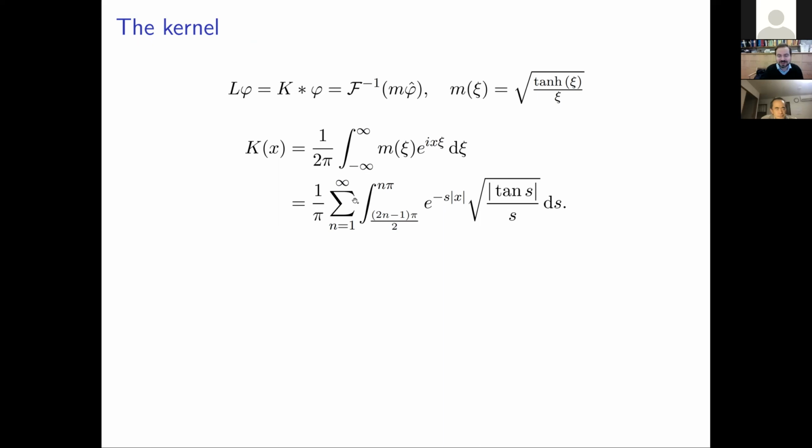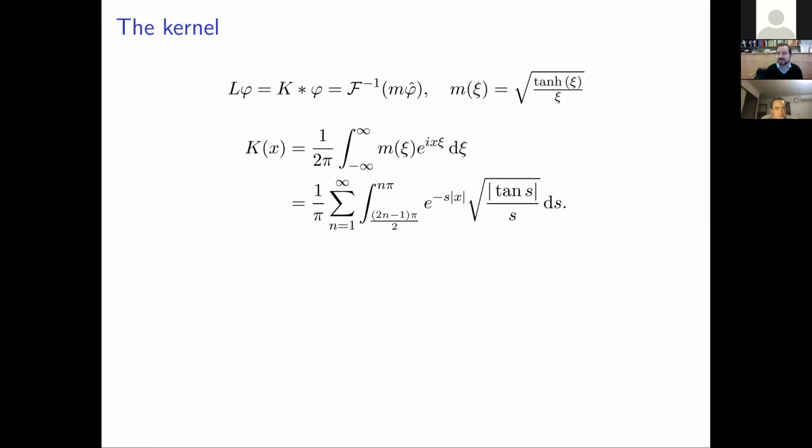Okay, this doesn't look so explicit either, but from this, you can see a lot of things already. You have an infinite sum here, but each term is, for example, positive. That immediately gives us positivity. And you can also prove monotonicity properties.